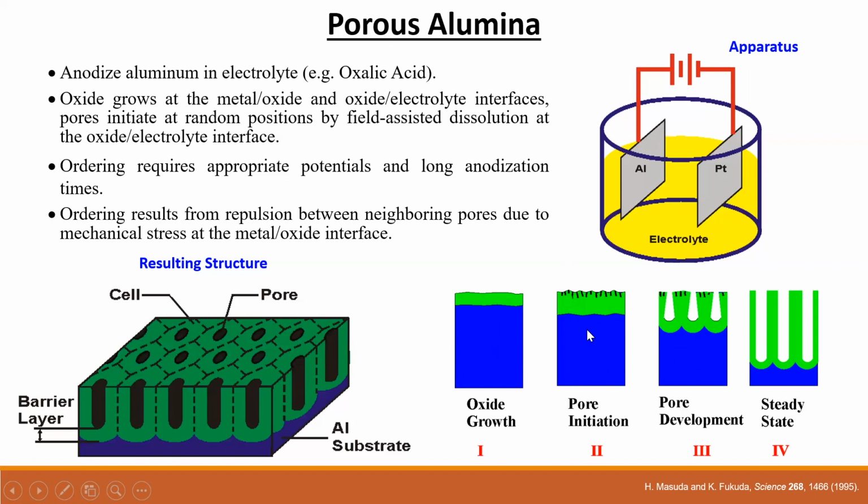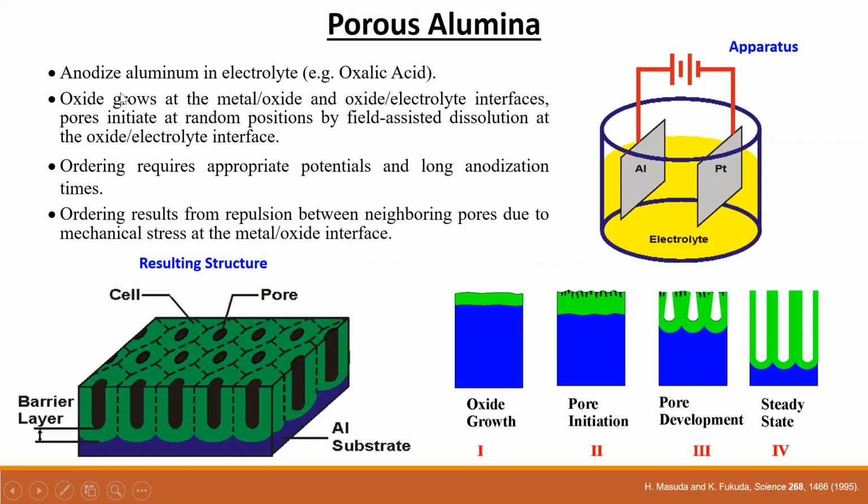Depending upon the potential we are giving, we can vary. In the first anodization step, the pores which we get are not regularly arranged, or they will be in random directions. But in the second anodization step, we control the potential in such a way that we can achieve regular pores in the aluminum sheets.